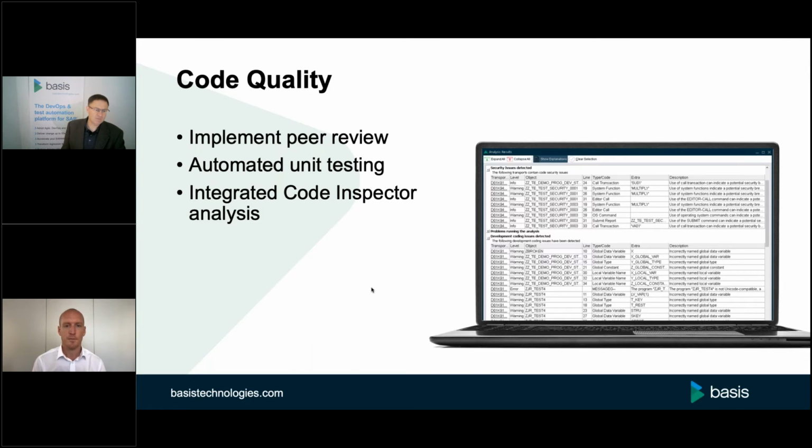One of the most common things that we see here is integration with tooling like Analysis or tooling like ATC or Code Inspector for ABAP change. Those solutions are looking for common coding mistakes and other things that might allow accidental things like SQL injection or other hackable tricks, to make sure that the change you're delivering into your production environment is of a higher quality from a security perspective.